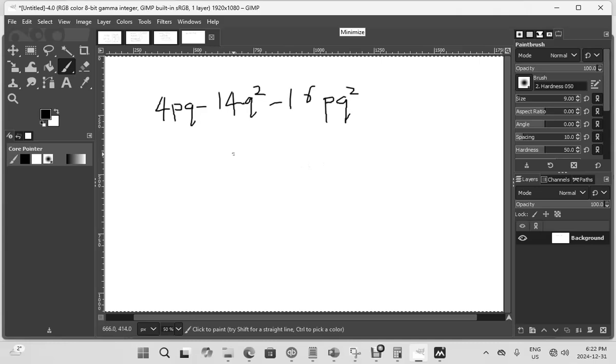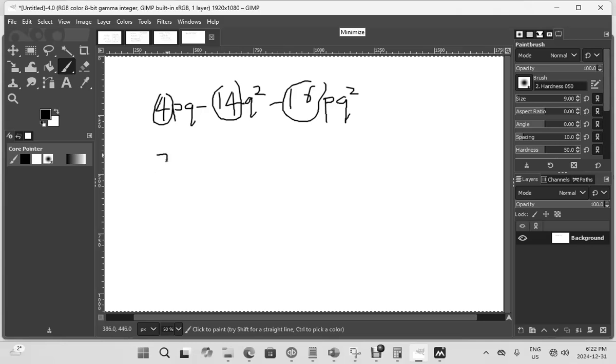If you try to find the common factors in this one, we know that 4 goes into 4 once, but 4 does not go into 14, even though it goes into 16 4 times. Now we know that 2 goes into all these three numbers over here.